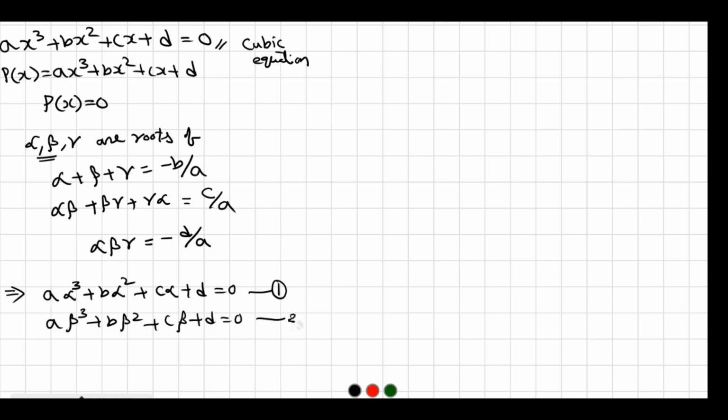The third equation is a into gamma cube plus b into gamma square plus c into gamma plus d is equal to 0. With these equations you can eliminate d, and by multiplying you can eliminate c. Doing all this exercise, you can find these three relations.